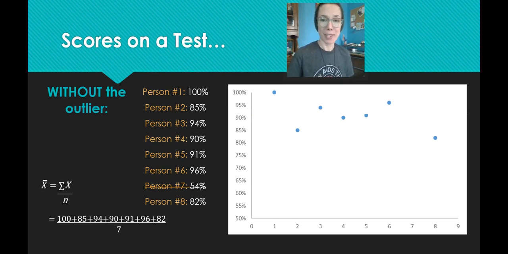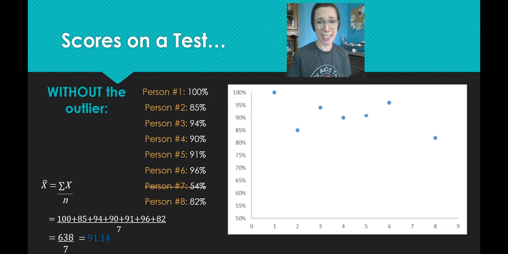Hopefully this is what you end up with. Note that this time our n is 7 because we've excluded person number 7. So now we only have 7 people, not 8, represented in our data set. When I add all those numbers up, I get 638. When I divide that by 7, I get 91.14.